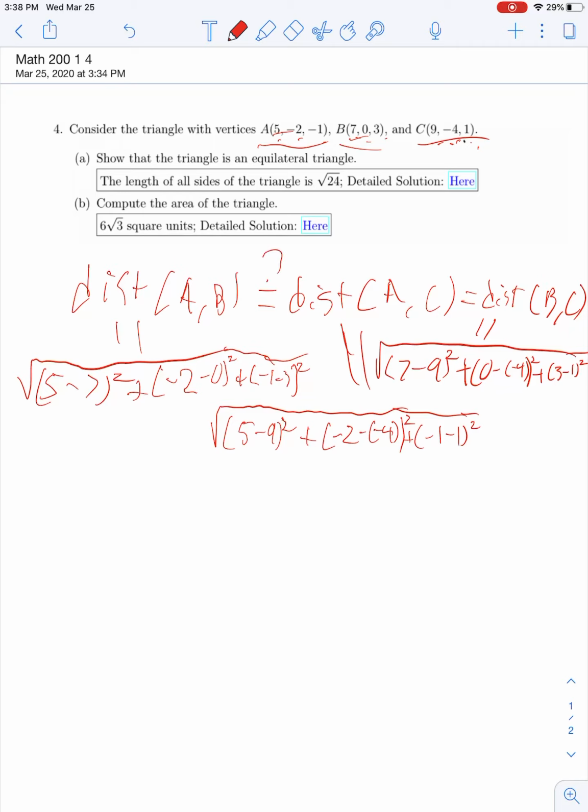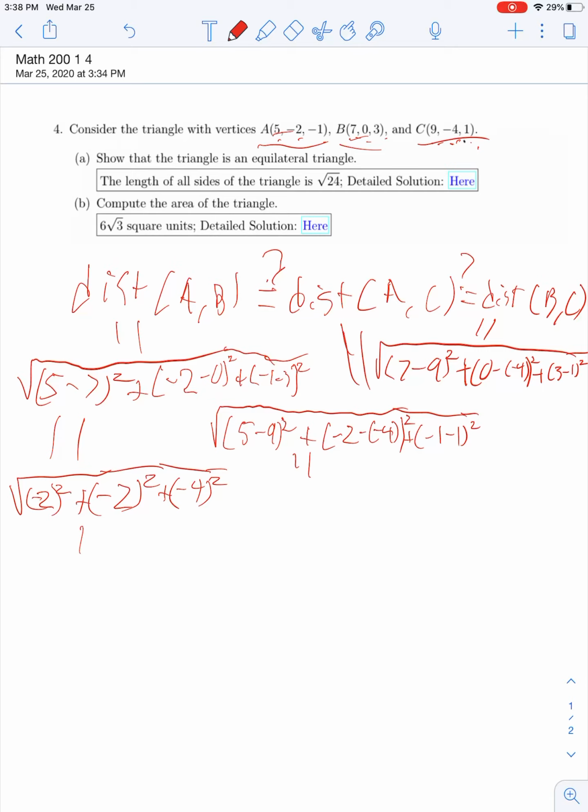So we want to check, are these guys equal? And so if we plug this guy in here, this right here is negative 2 squared, plus negative 2 squared, plus negative 4 squared.